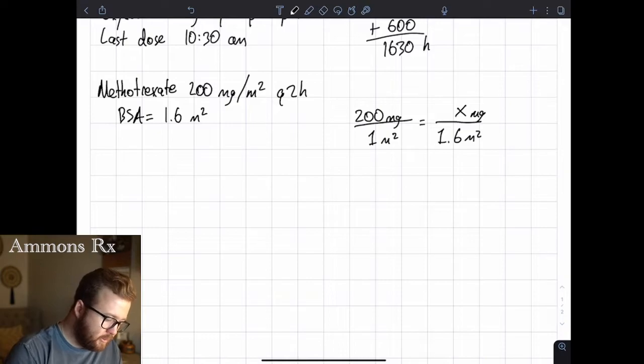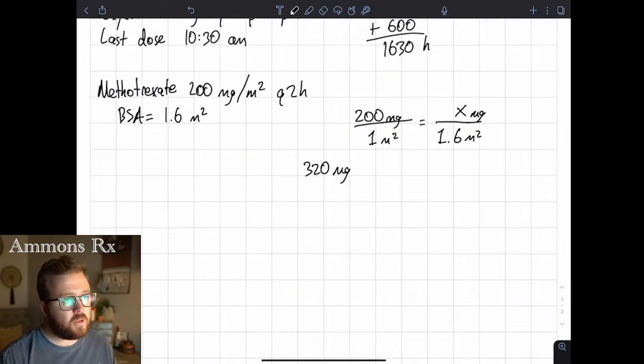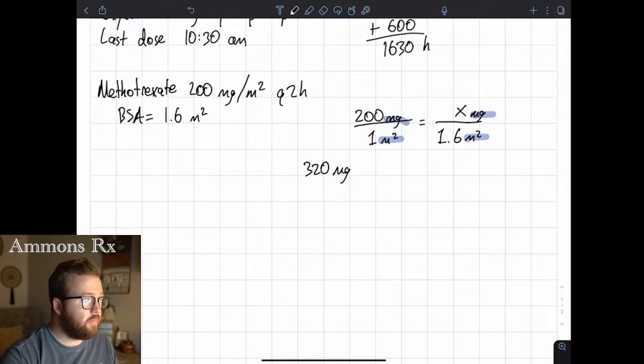So 200 times 1.6 is 320 milligrams. So you can set up everything in a ratio and proportion and it will never lead you astray as long as you remember you must match the units all the way across. That is the golden rule of ratio and proportion. It will never lead you astray.